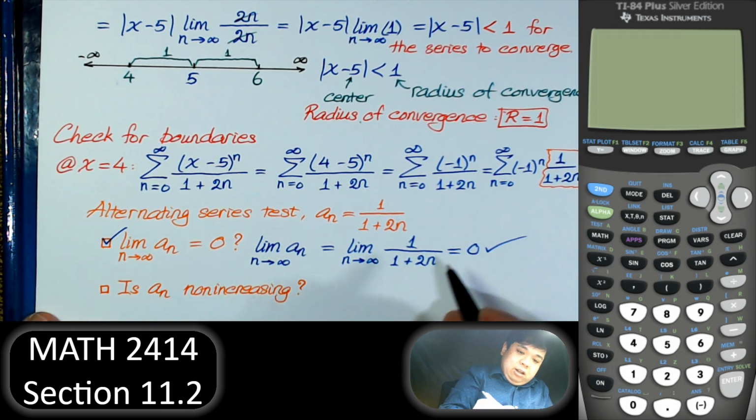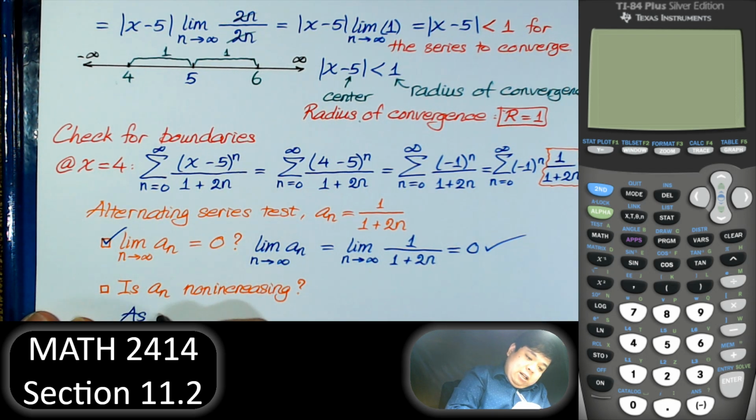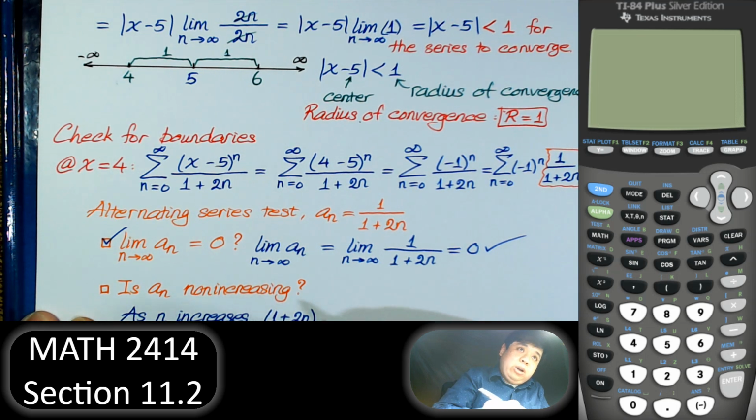This is simple. We could take the derivative, but we just say as n increases, 1 plus 2n also increases.